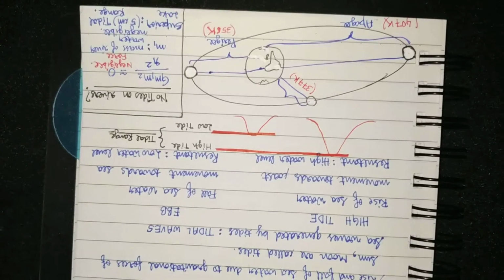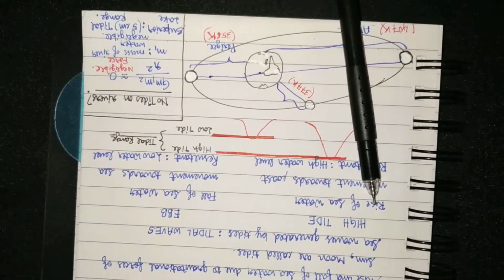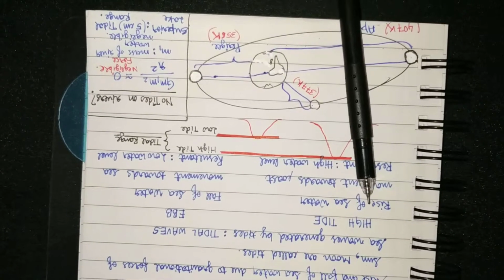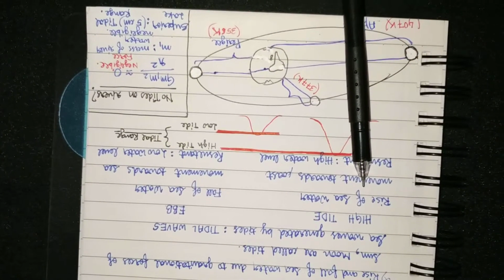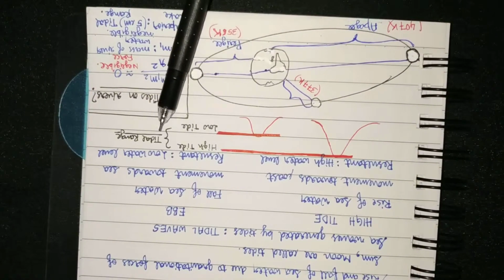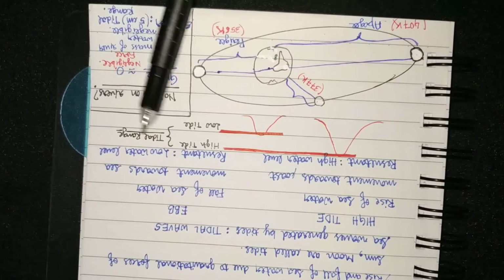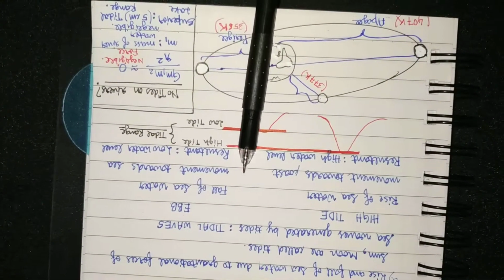One of the highest tidal ranges in the world is found in the Bay of Fundy, near Nova Scotia of Canada, where the high tide goes as high as 40 feet.